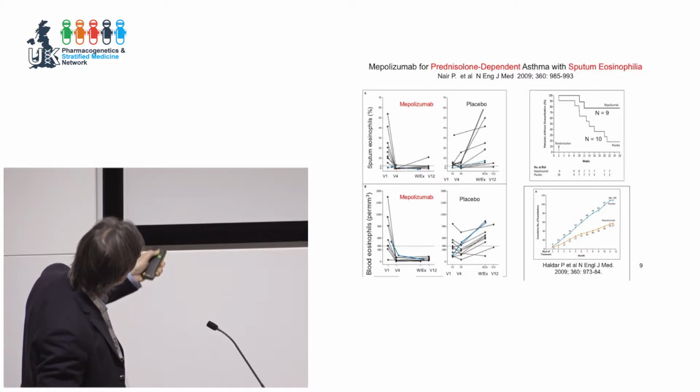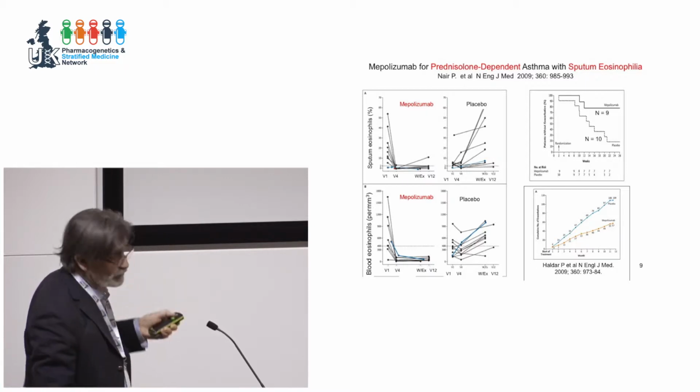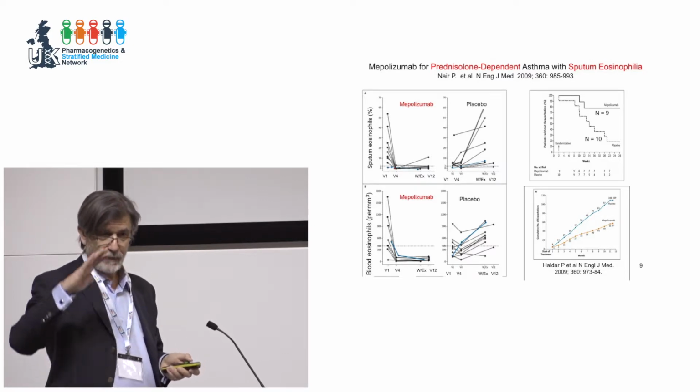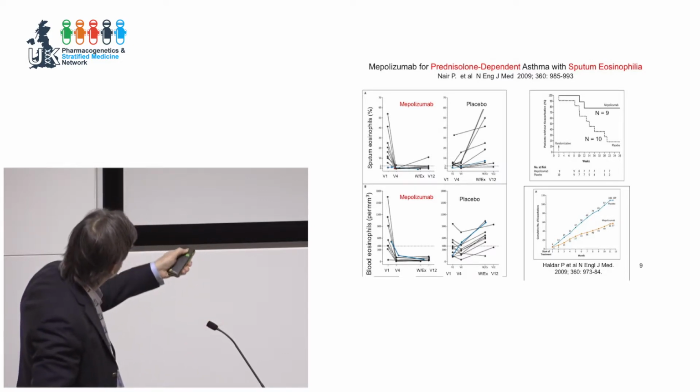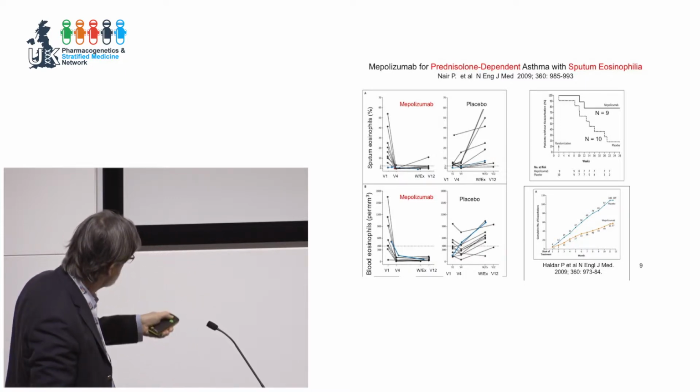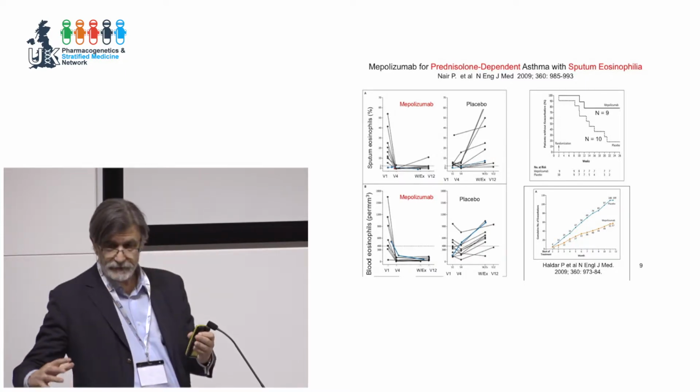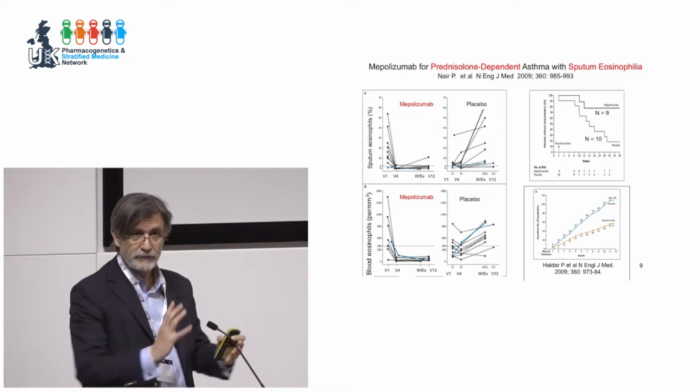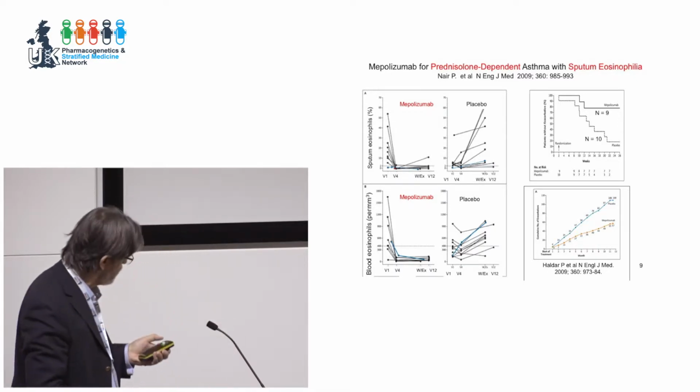And what you see here is that this antibody, as predicted, is very effective at really depleting the airways of sputum eosinophils. It also depletes the circulating eosinophil counts, in other words, the pool of eosinophils that end up eventually in the airways.